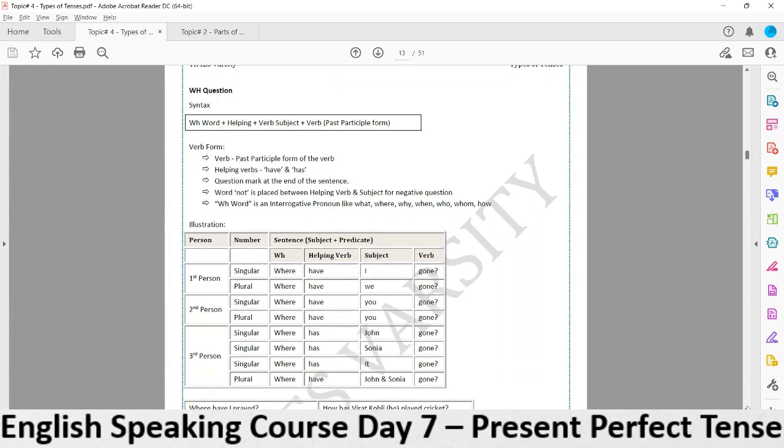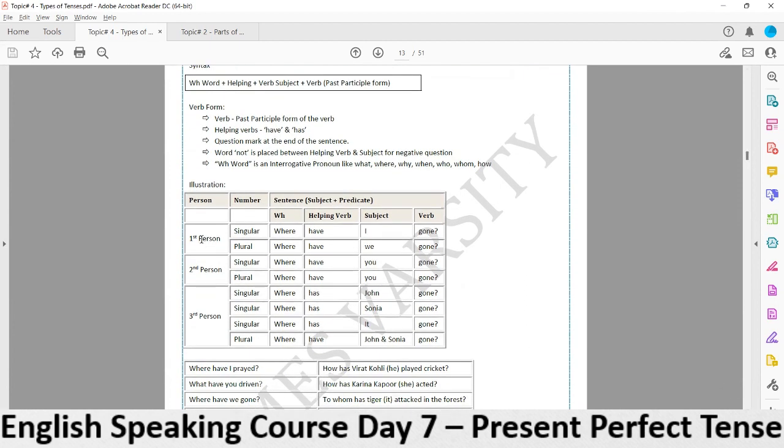Okay. So now if we see first person singular, in this case, it starts with a WH word like where, then the helping verb have, then the subject, then the rest of the words. So have I gone to office, or whichever, gone to Hyderabad, right? Then similarly, have we gone? Have you gone, right? Have you gone to Mumbai?